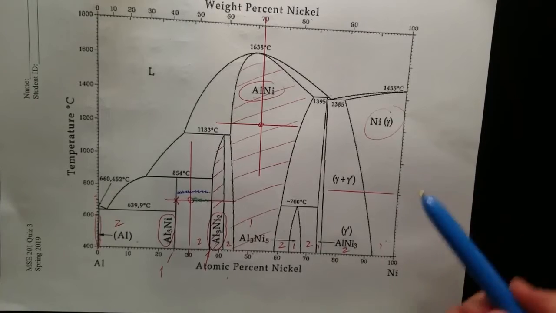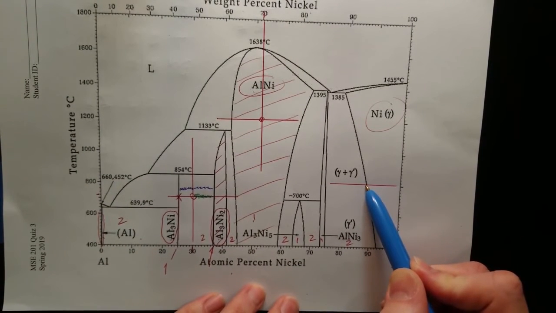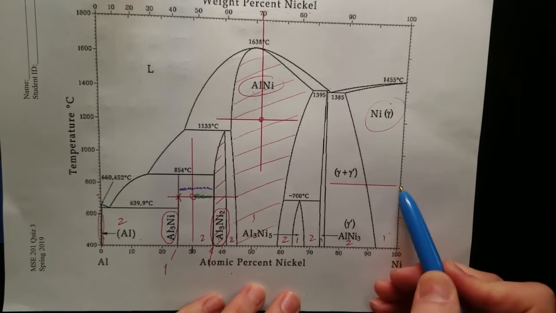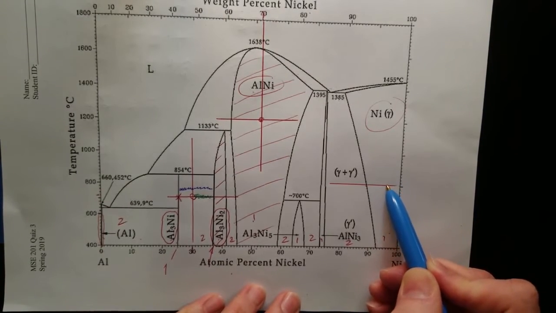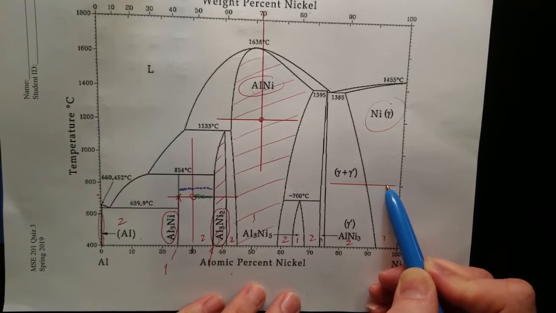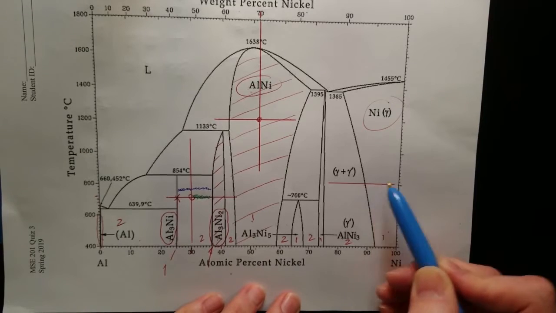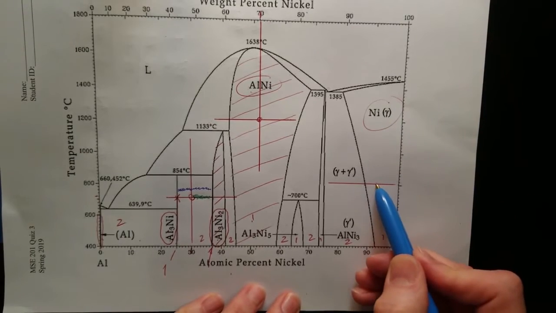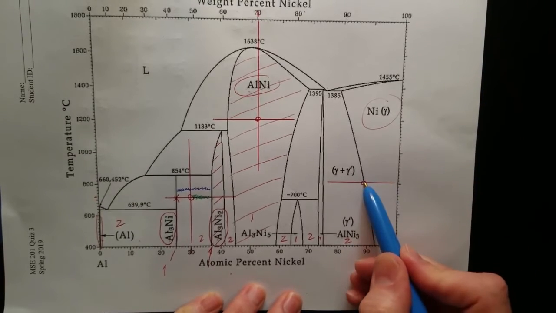And you remember that we can think about these phase boundaries as solubility limits, right? We start out with pure nickel. We start putting in aluminum. The aluminum is sitting at the nickel site, and it looks like nickel, except maybe there's some slight distortion to the X-ray diffraction pattern. Maybe the lattice parameters change a little bit, but it basically behaves like this nickel gamma phase. And we come over to this point, and at this point, we reach the solubility limit.